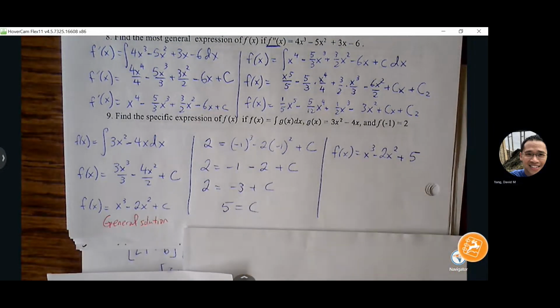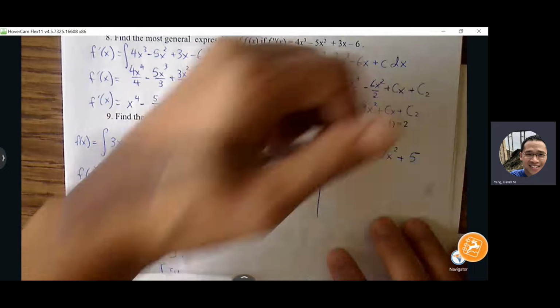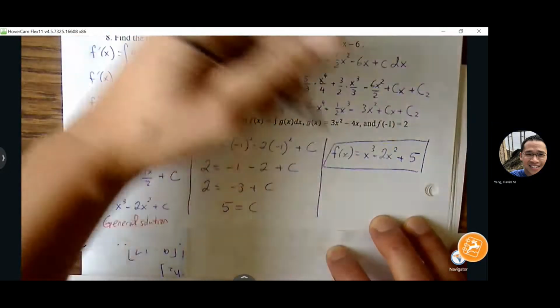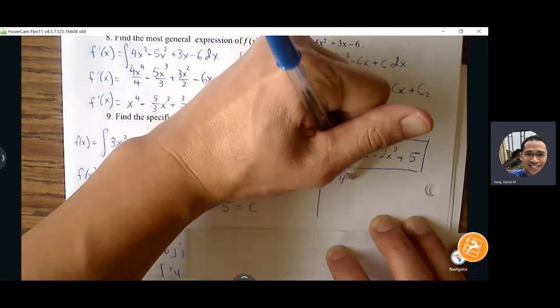Plug 2 in for y, plug -1 in for x. Combine like terms, clean up. You should get C equals 5. But then you're going back and rewriting the equation. This is my specific equation.